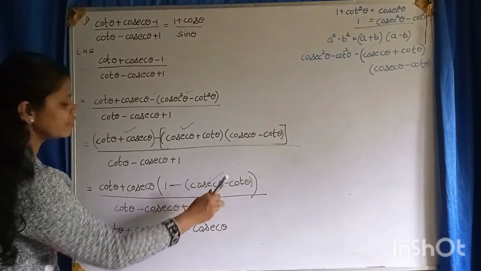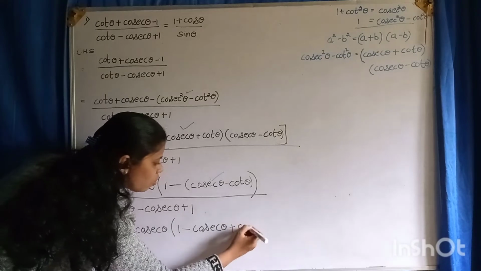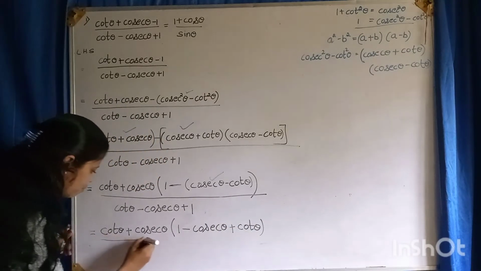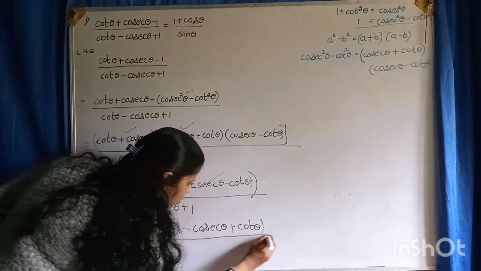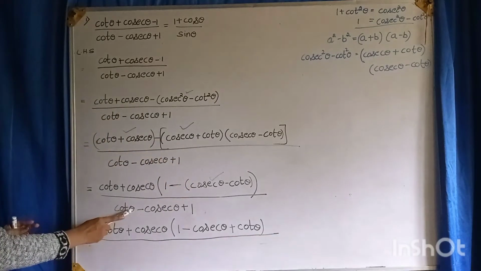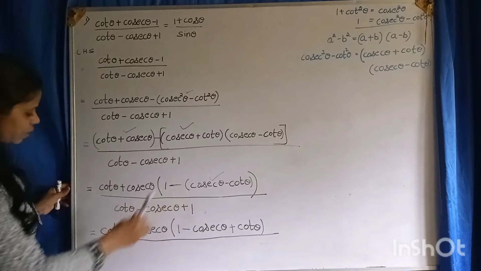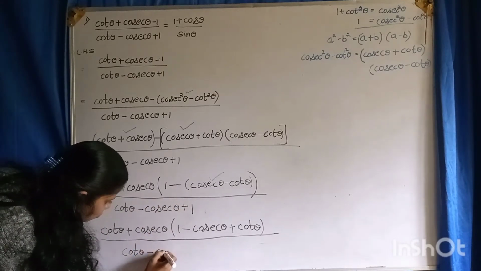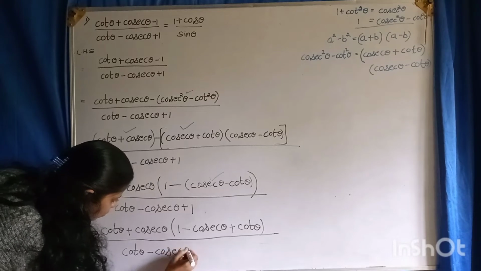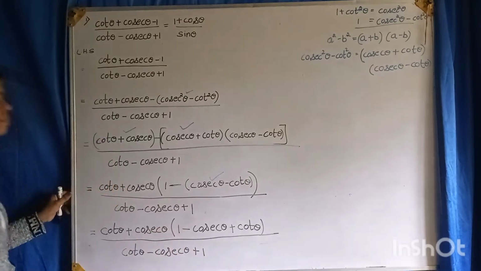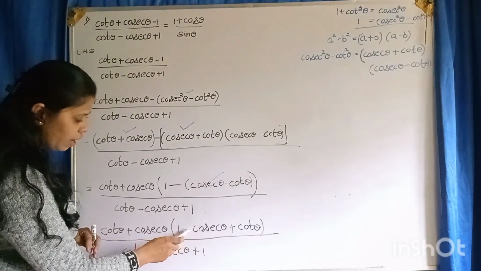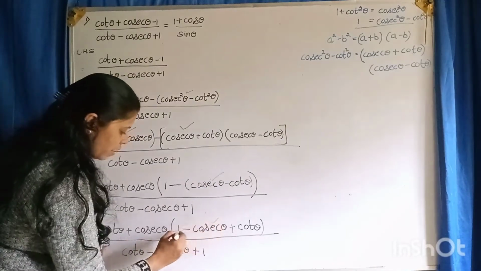Minus into minus, that is plus, plus cot theta. Okay. Whole divided by cot theta minus cosecant theta plus 1.